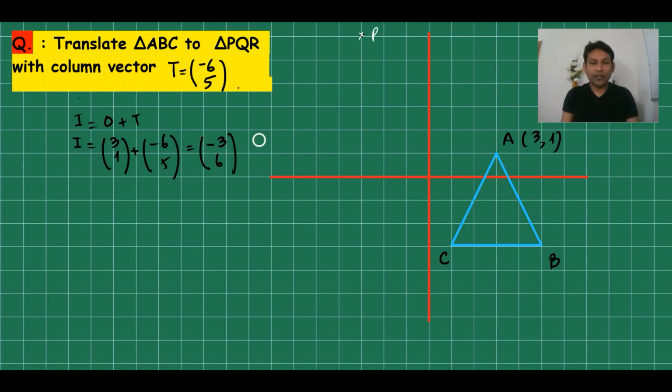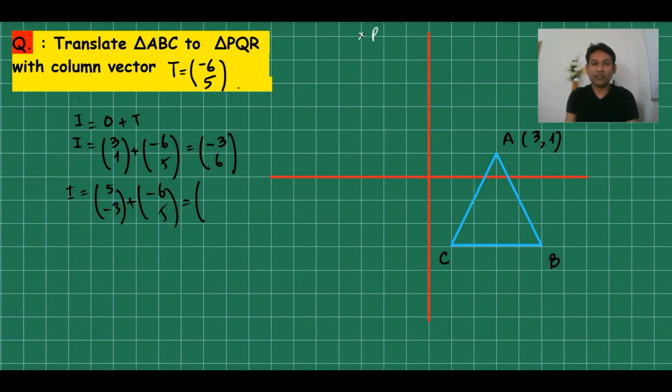I'm just writing all the coordinates first. Second is the image for B. B is from the origin 1, 2, 3, 4, 5, and 1, 2, 3: 5 and minus 3. I'm writing 5 and minus 3, and the translation is minus 6 and 5.